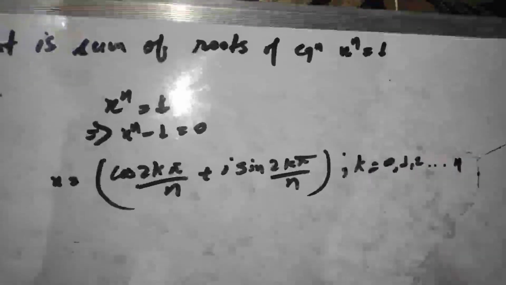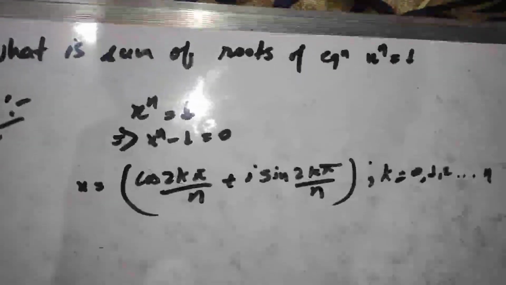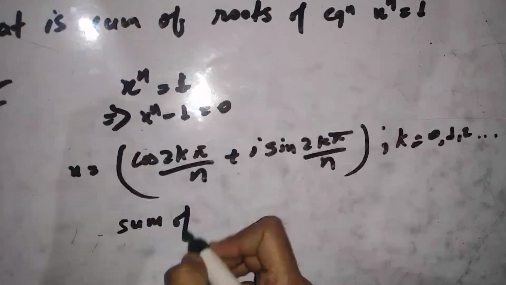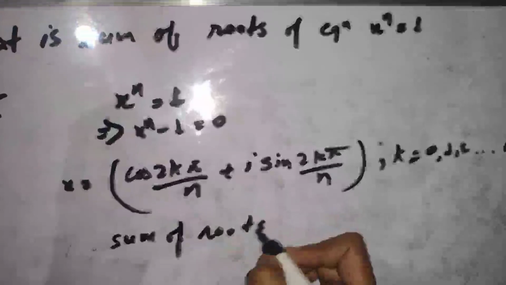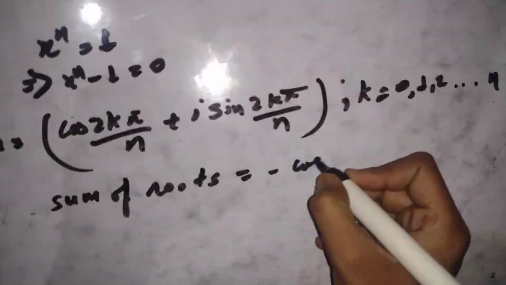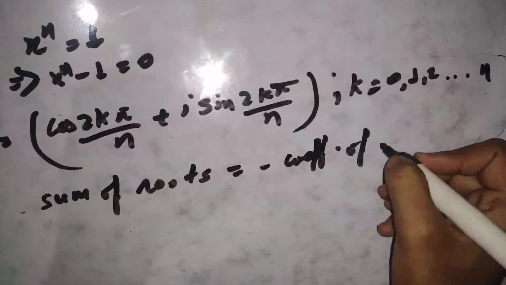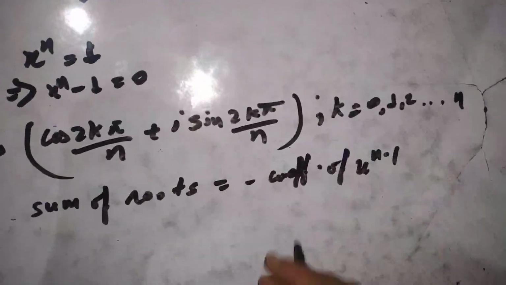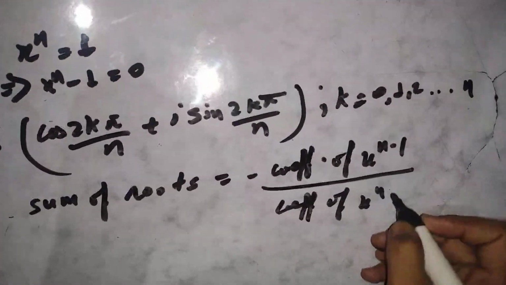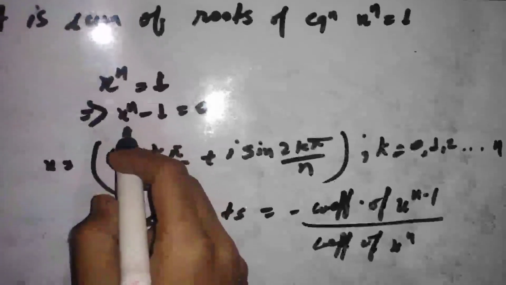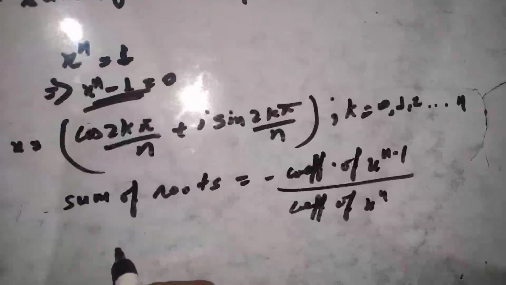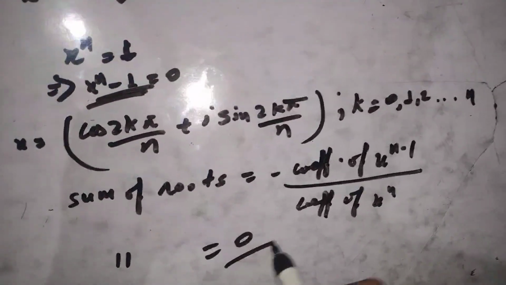But interestingly, we know from the theory of equations that the sum of roots equals minus the coefficient of x to the power n minus 1 upon the coefficient of x to the power n. In this equation, the coefficient of x to the power n minus 1 is 0, therefore the sum of roots will be 0.